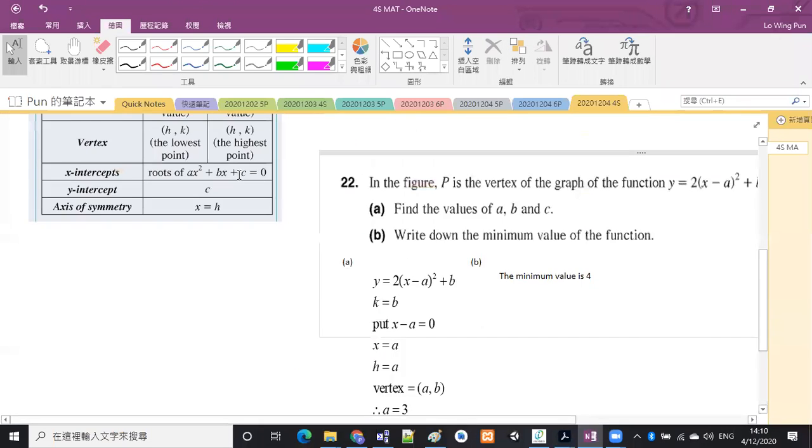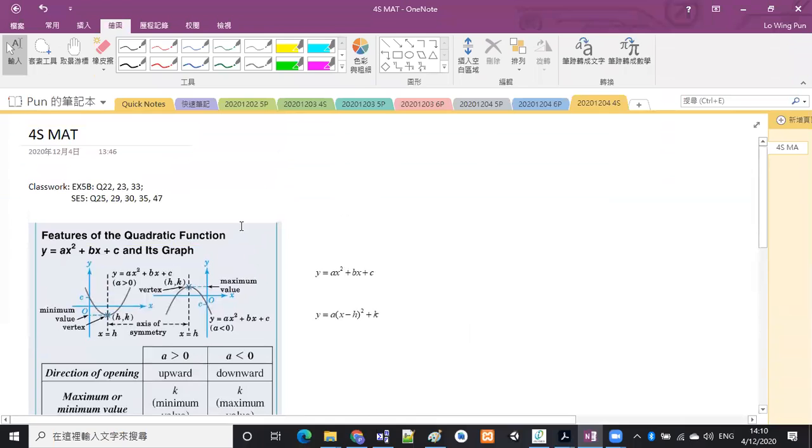So now I would like to give you some time to do the remaining questions. Let's do this. Question number 33 of exercise 5 boy. And then go to supplementary exercise 5. Do question number 25, 29, 30, 35, and 47. Okay. So all of them are just like this, but some of them will be slightly more tricky. But I'm sure that you are able to do all of them.